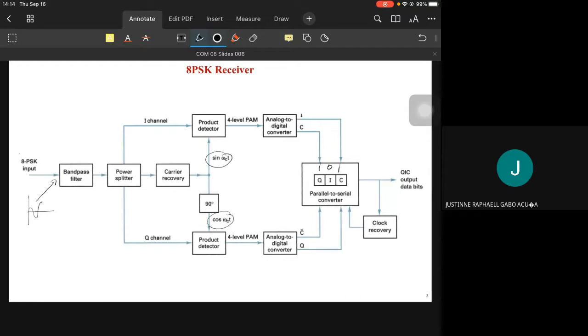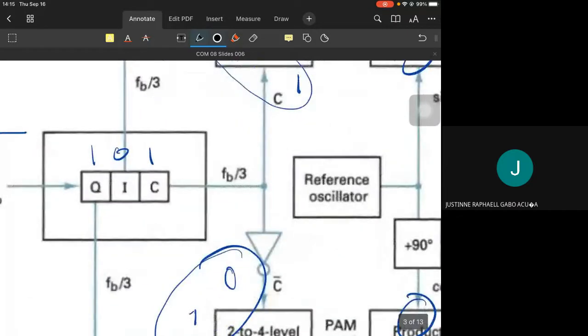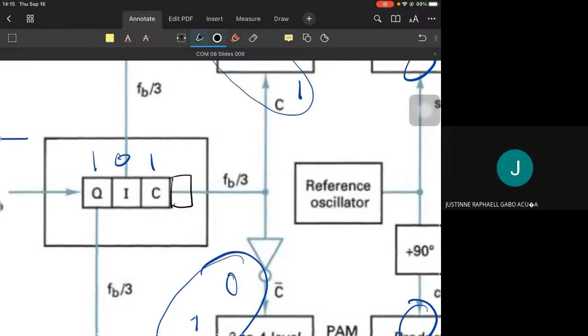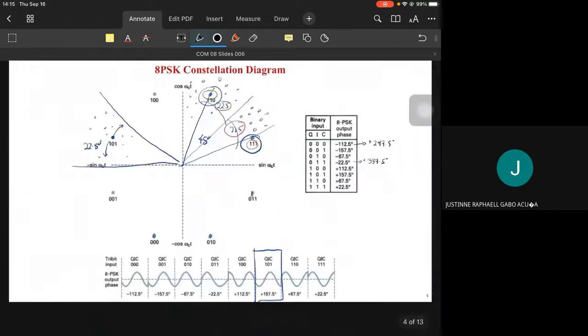For example, the transmitter for 16 PSK takes four bits, because four bits are encoded in one signal for 16 PSK. The process is exactly the same for higher PSKs.